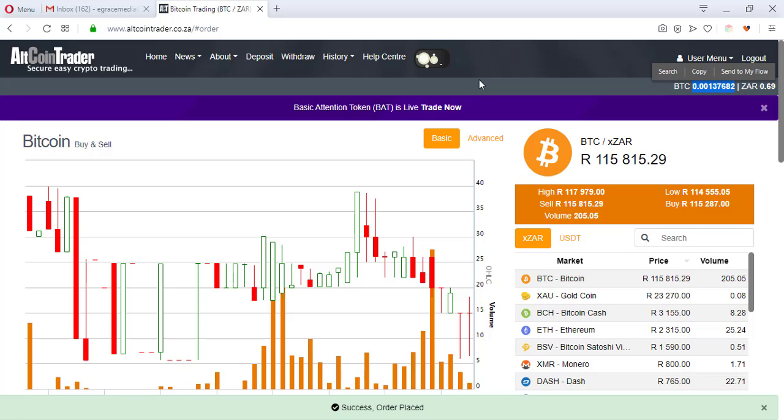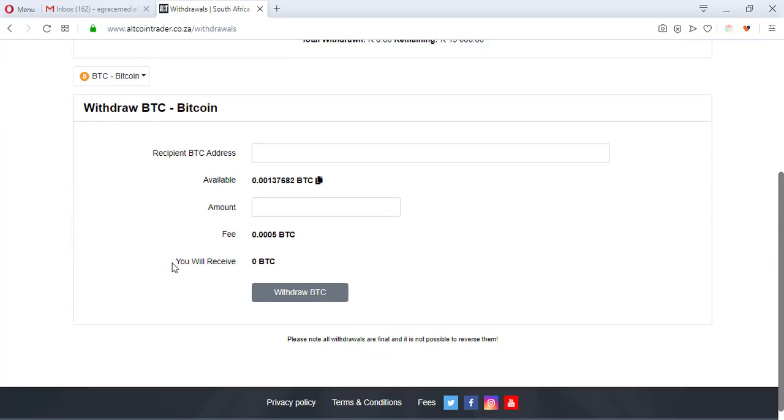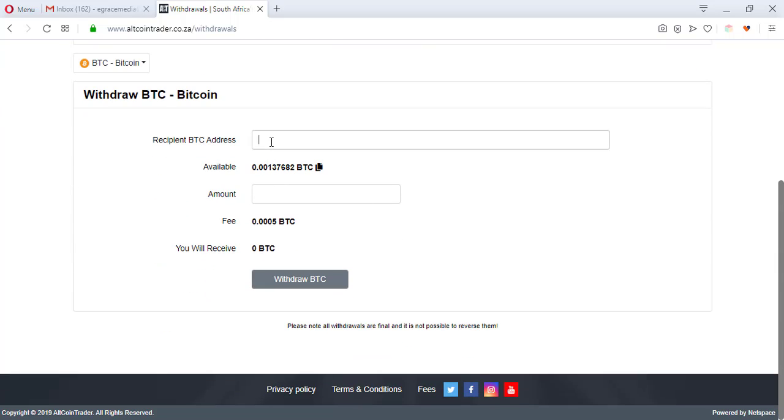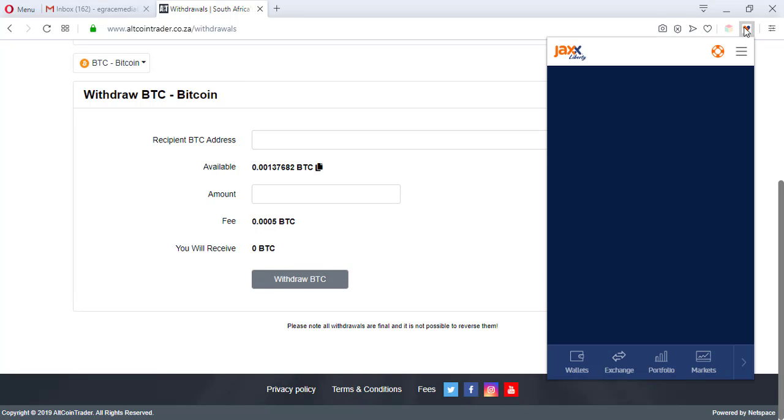So what you have to do now is to withdraw those Bitcoins, but there are charges when you're withdrawing Bitcoins. I'm gonna go to withdraw, and this time I'm gonna choose BTC because I want to withdraw Bitcoin. So I have to go now to the wallet that I want to withdraw to. This time I have this Jax wallet, right?